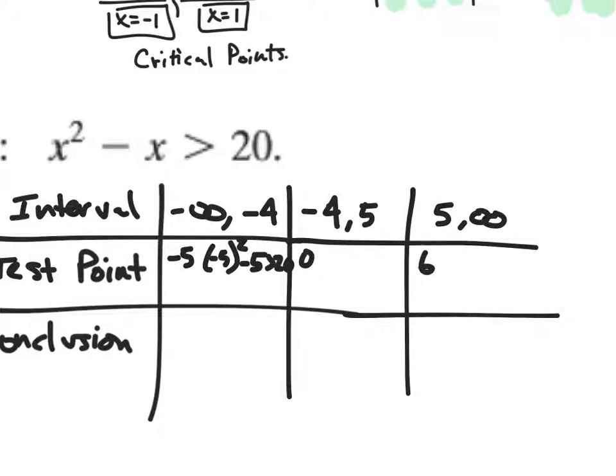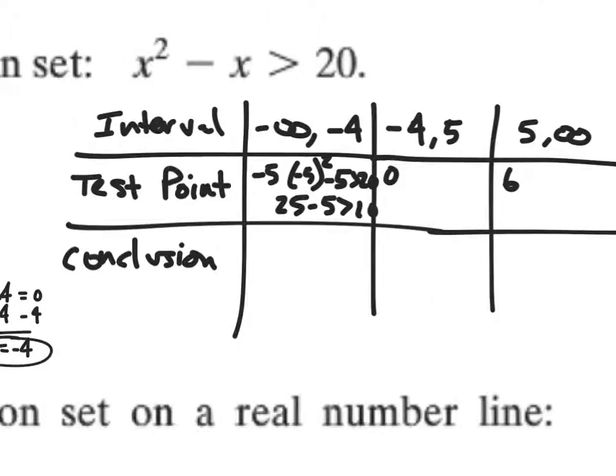Negative 5 squared is 25, and minus negative 5 means we're adding, so 25 plus 5 gives me 30. Is that greater than 20? That's true, so this is yes.